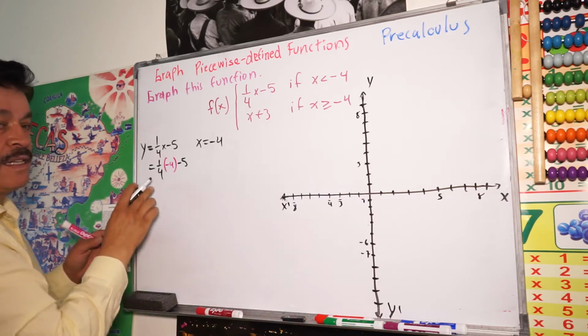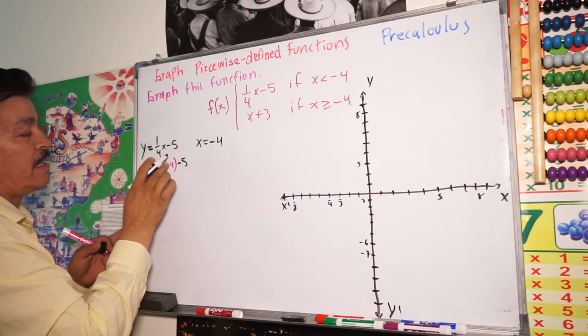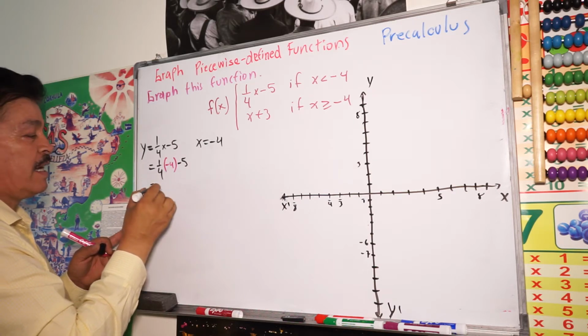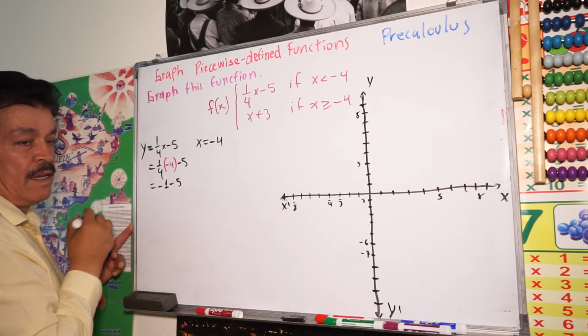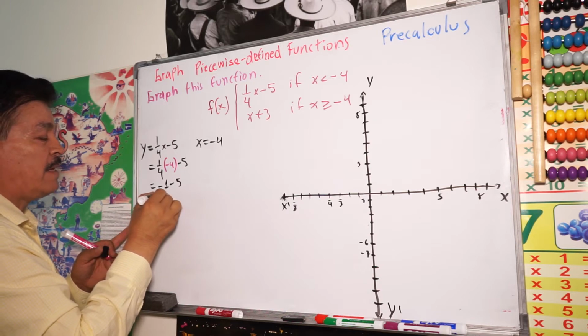One fourth of 4 is 1, so it's negative 1 minus 5. If you add these numbers, you get negative 6.